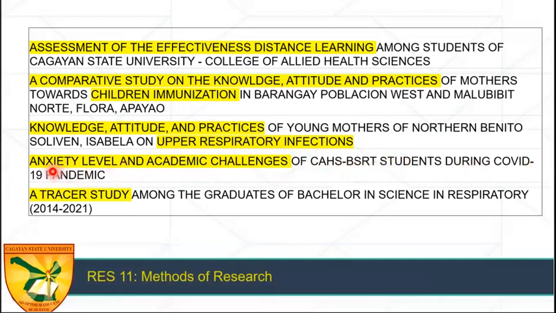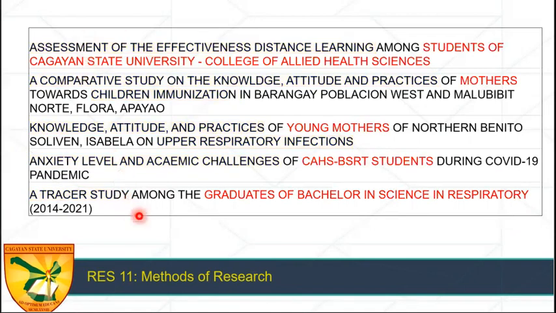The what here is the anxiety level and academic challenges. So you can see the variables here already. For the last example is a tracer study among the graduates of Bachelor in Science in Respiratory Therapy. So in 2014 to 2021. So your what here is the tracer study.